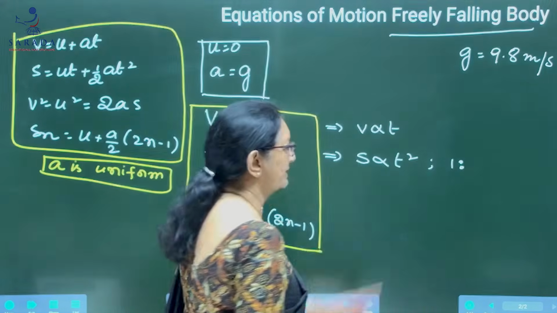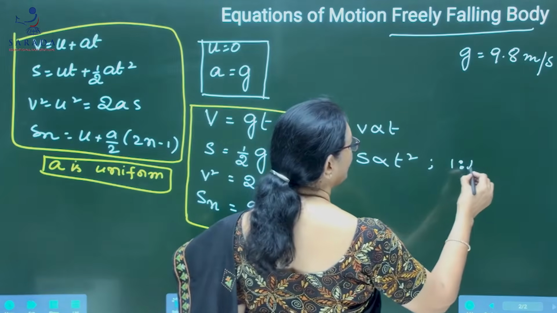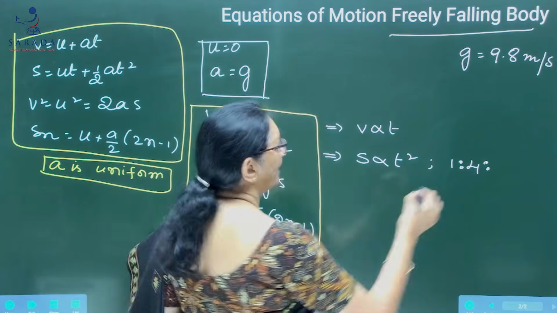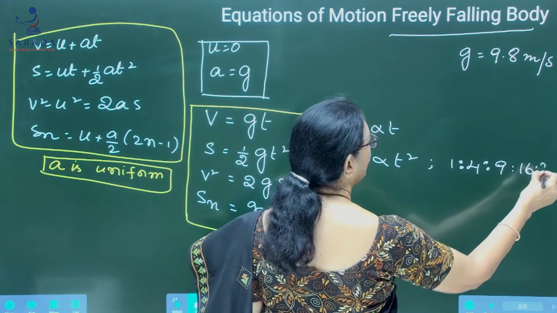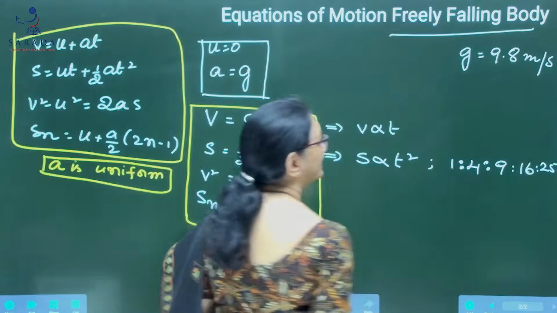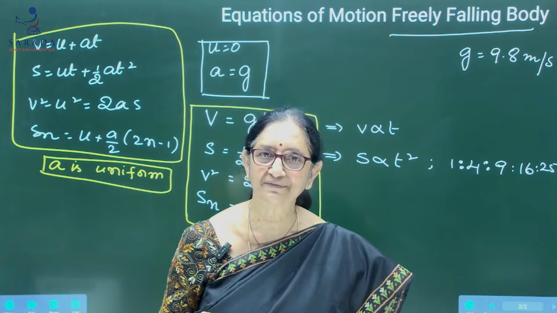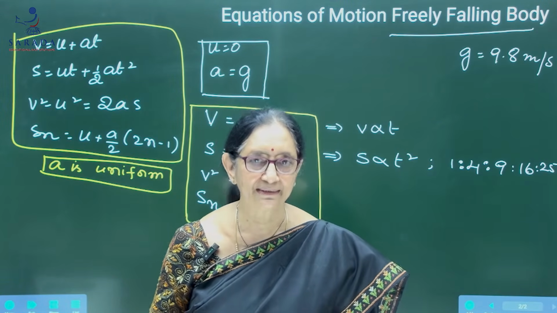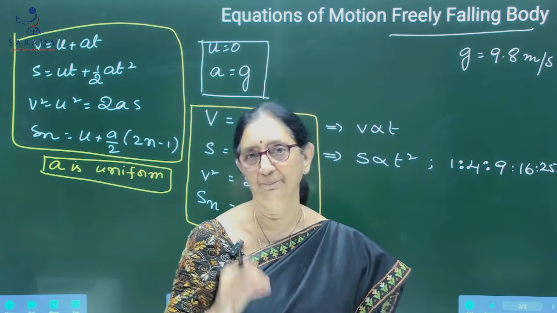Substitute t as 2, it becomes 2 square. t as 3, it becomes 3 square. So, 1:4:9:16:25 and so on. That is the ratio of displacements in 1 second, in 2 seconds, in 3 seconds of a freely falling body.